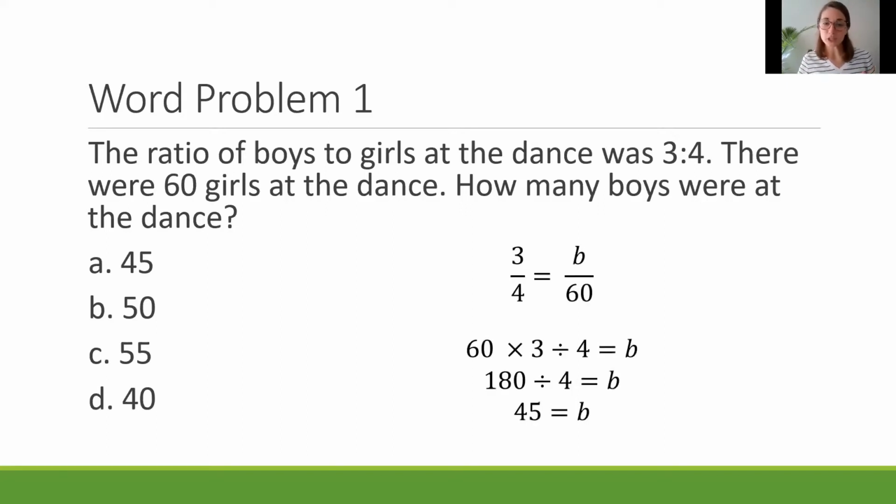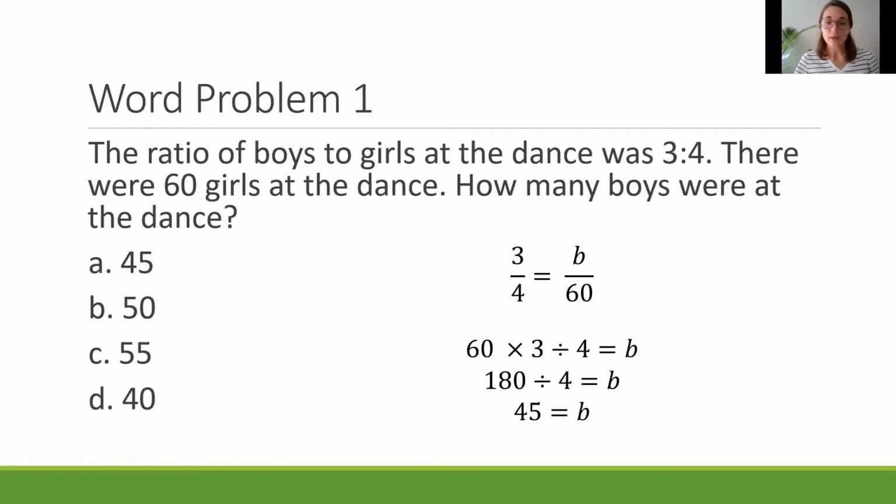Our proportion looks like this: 3 over 4 equals B over 60. I put a B there for boys, and boys is on top because in the original ratio, 3 represented how many boys. You want to make sure that the 3 and the B are next to each other, and the 4 and the 60 for the 60 girls are next to each other.